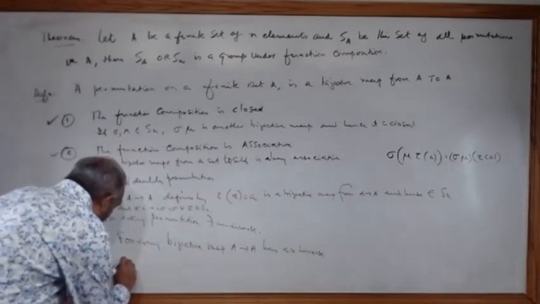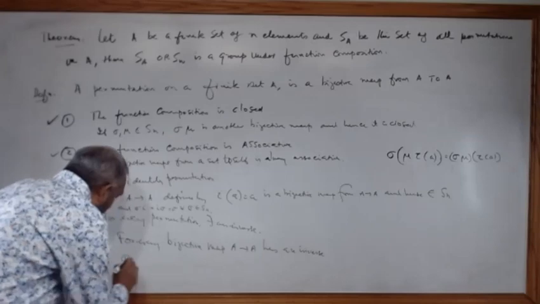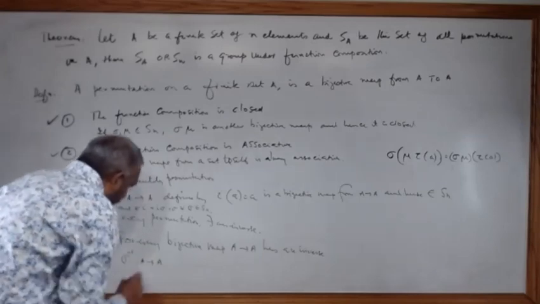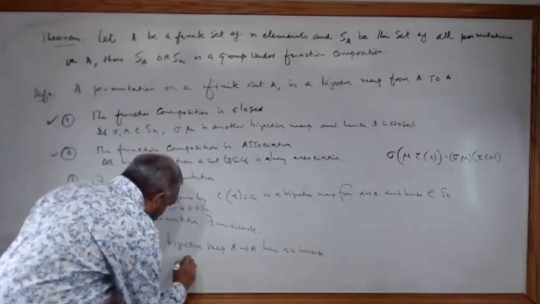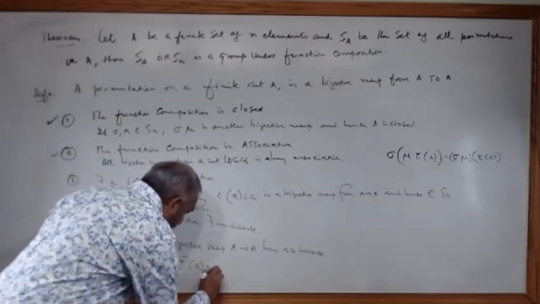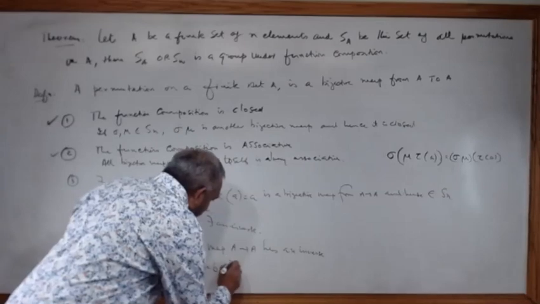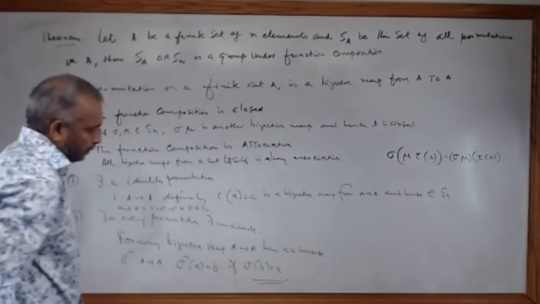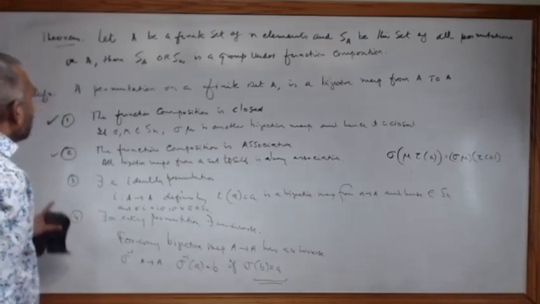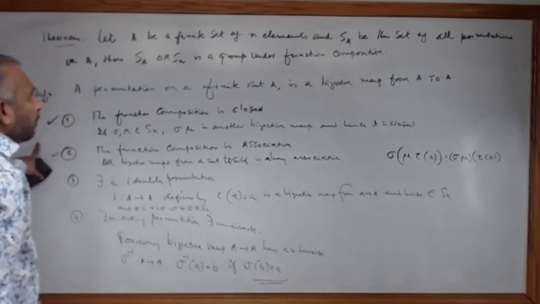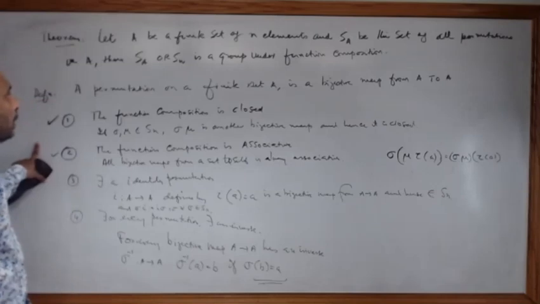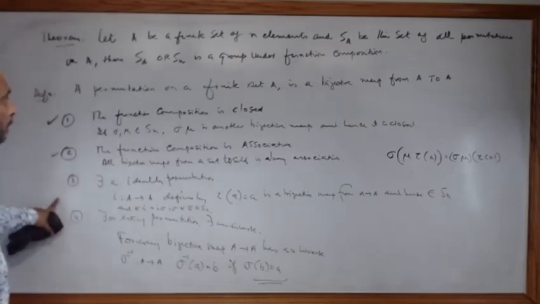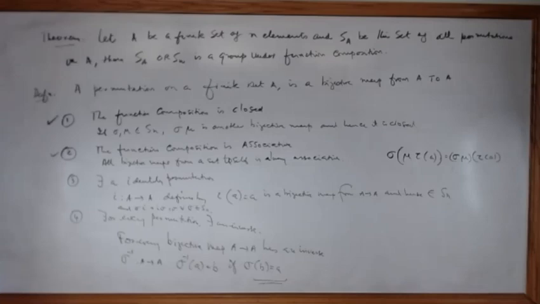Sigma inverse is defined from A to A by sigma inverse of A is equal to B if sigma of B is equal to A. That is how we define it. So this is a well-defined binary operation which is enjoying all the properties of a group.